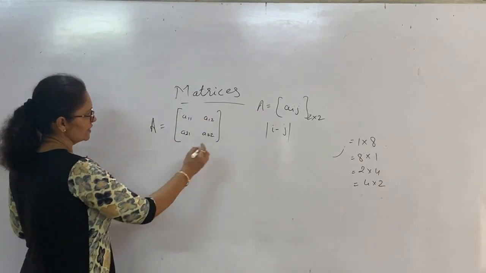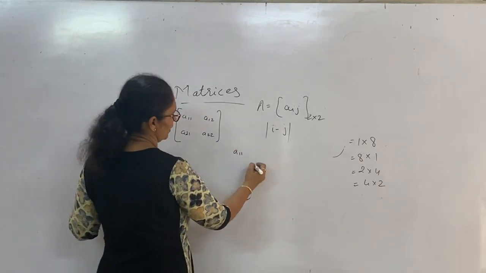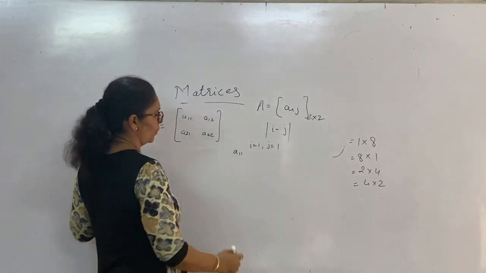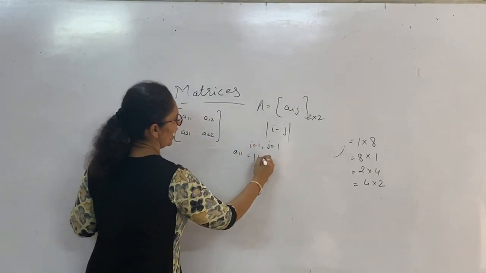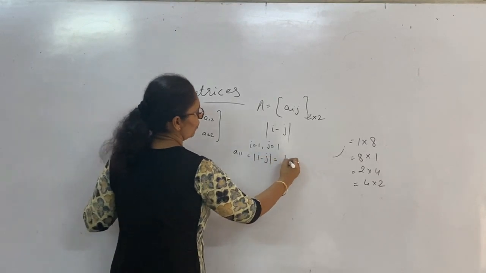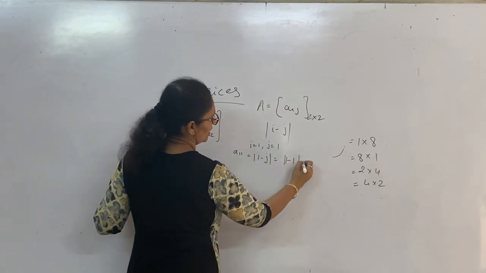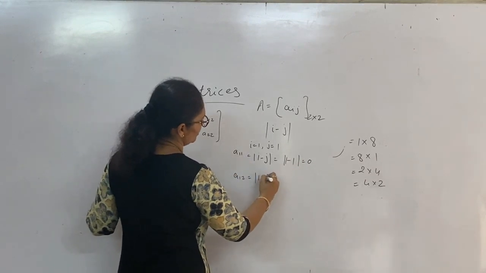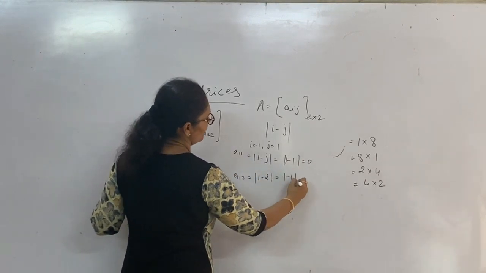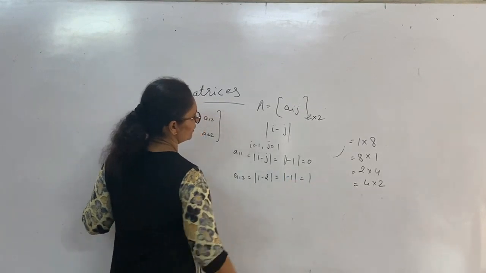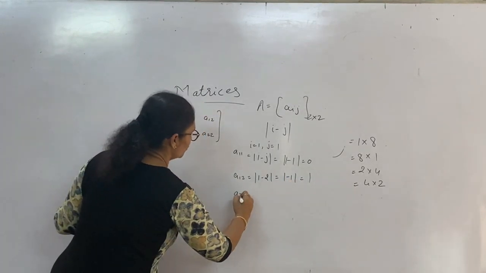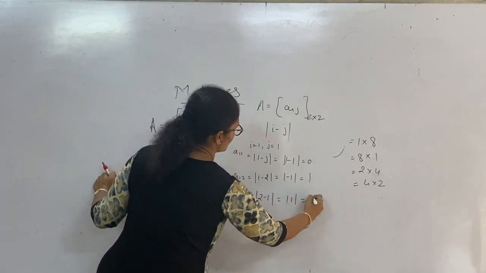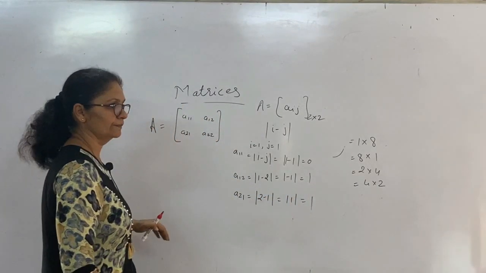Let's start with the first, a11. What is the meaning of it? i is 1, j is 1. What is your question? Modulus of i minus j. So 1 minus 1 in modulus will be 0. a12 means 1 minus 2, which will be minus 1, so in modulus it will be 1. a21: 2 minus 1 will be 1 in modulus, so plus 1.